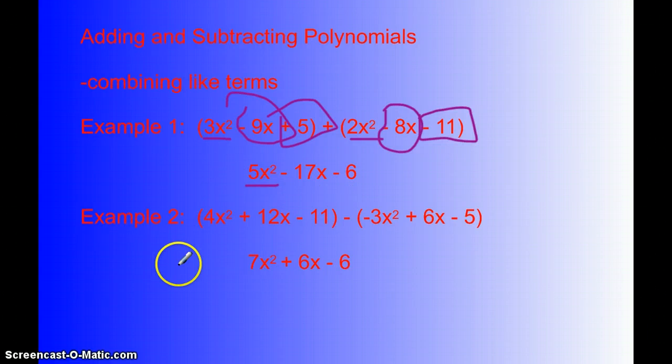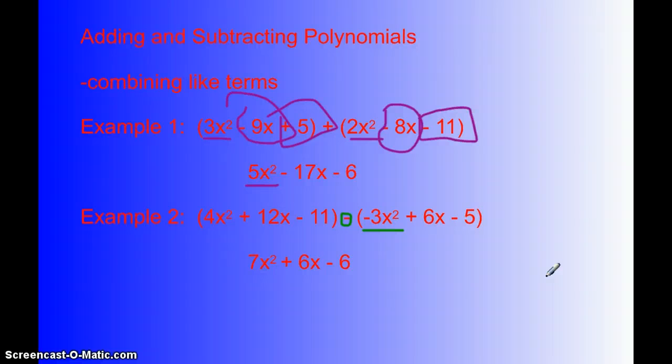Our second example is subtraction. That's slightly more difficult, only for the reason that you need to realize this subtraction in the middle here, that minus sign applies to everything in the second parenthesis. So when I go to do my subtraction, I have to say I have 4x squared minus a negative 3x squared, and so when you have 4 minus negative 3, it becomes 4 plus 3, which is 7x squared.